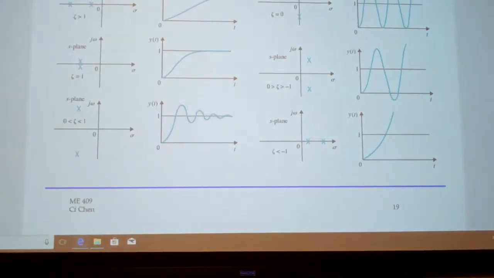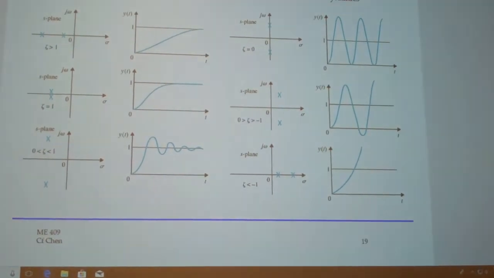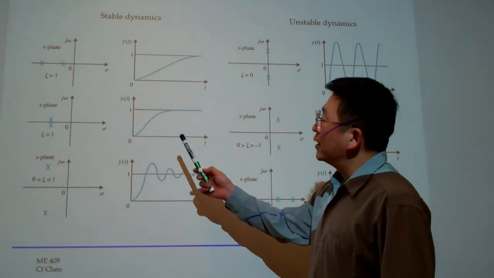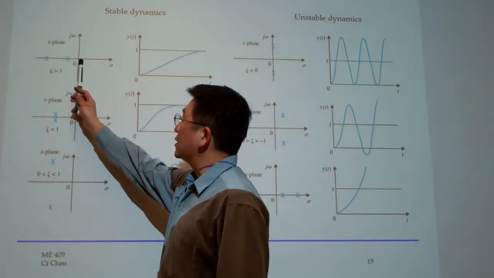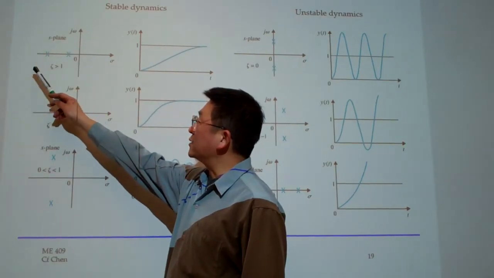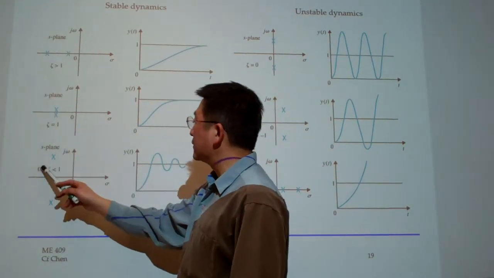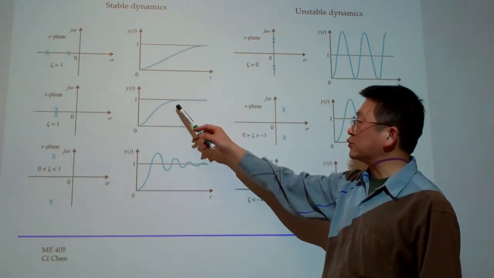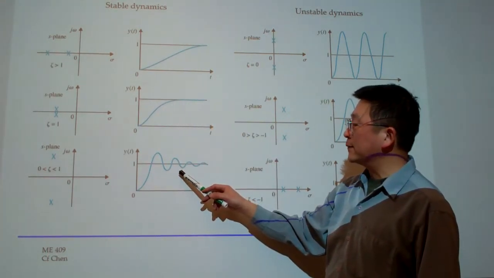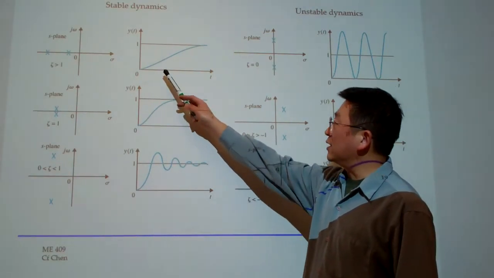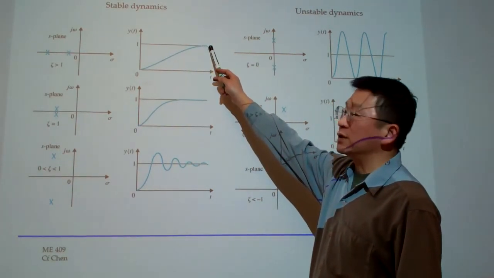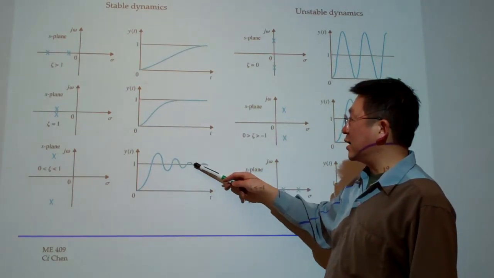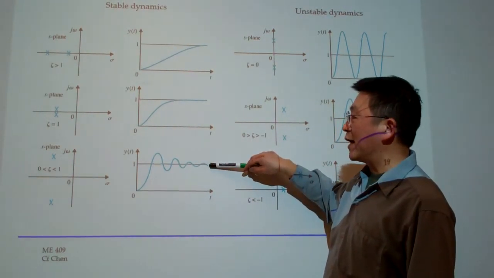And this page, again, is to summarize how the system is stable or unstable. As long as the poles are on the left hand side, the corresponding response will be something like this. Those are schematic drawings, and you can see either they will converge to a certain value, or they will be oscillating but decaying, again converging to a certain value.